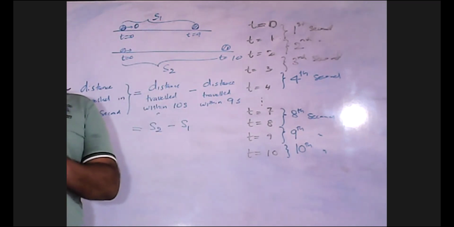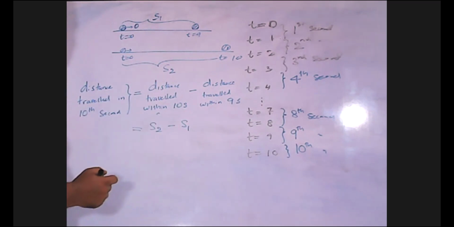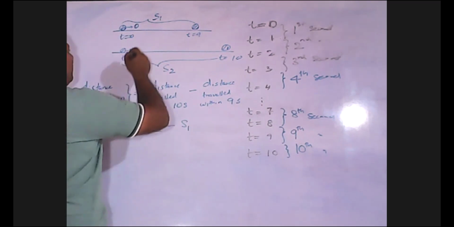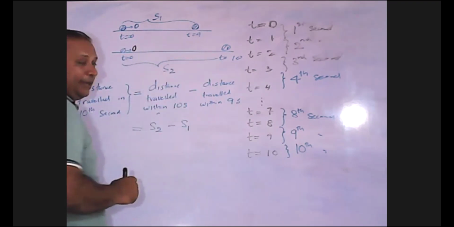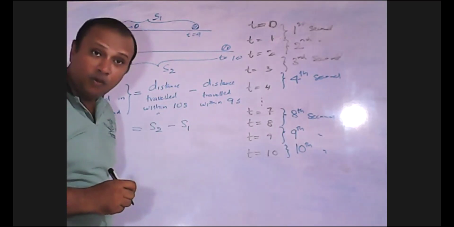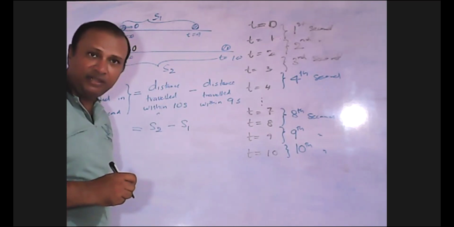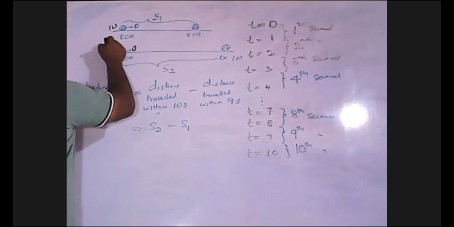So what is S1? What is S2? You can find S2 initially. You know the time, but you don't know the final velocity. Therefore, you can use the equation S equals ut plus half a t squared. This is case 1, this is case 2.